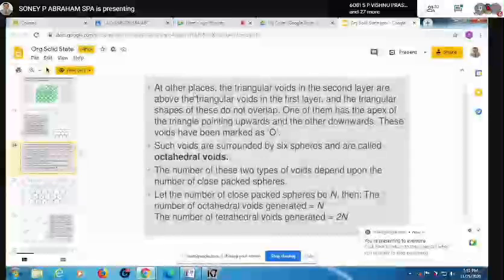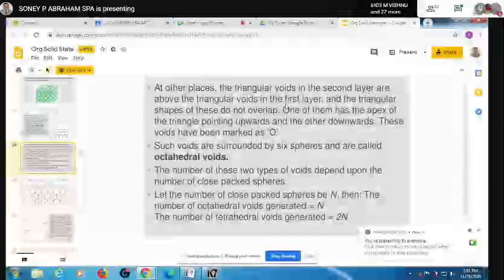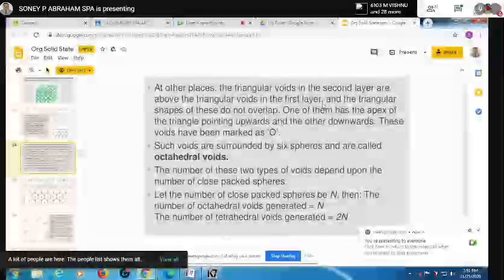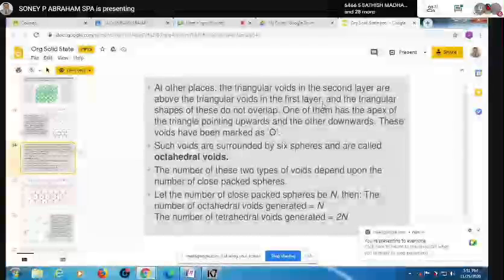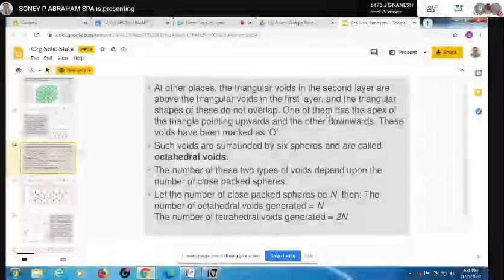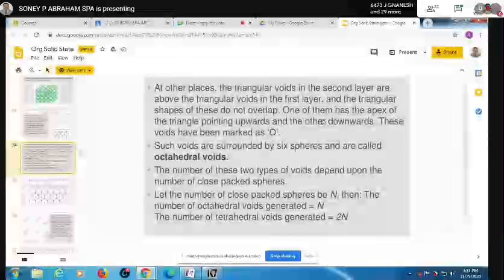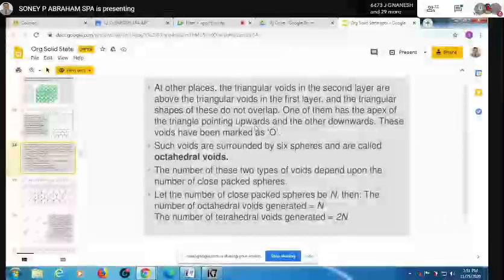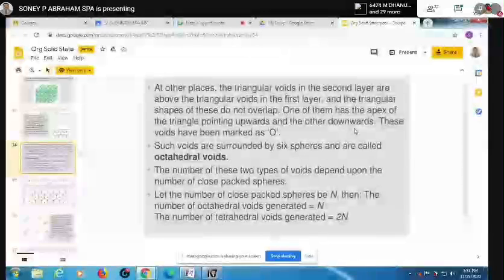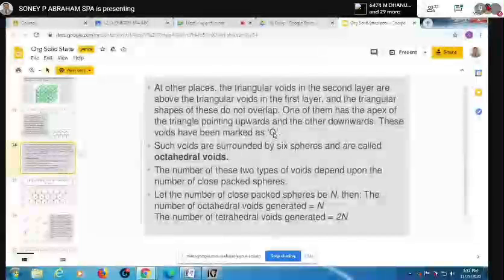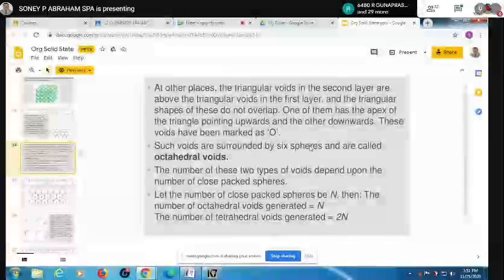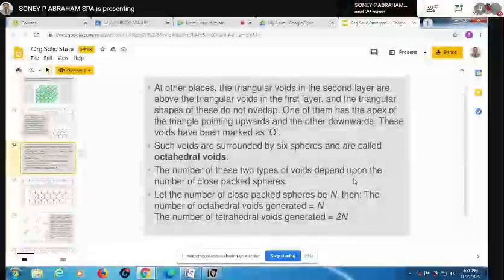So you can see that the triangular voids in the second layer are above the triangular voids of the first layer, when we talk about the arrangement of the second layer, and the triangular shapes do not overlap. One of them will have the apex of the triangle pointing upwards, and the other one is marked as O. Such voids are surrounded by 6 spheres and will lead to octahedral voids.